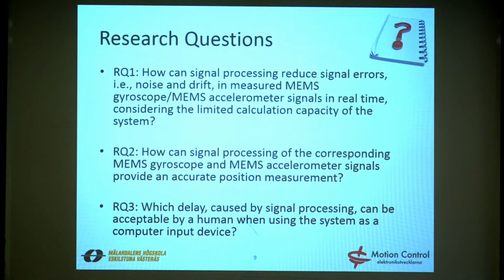And the third question is focused on the user's perception of delay. We want to investigate which delay caused by signal processing can be acceptable by a human when they use the system as a computer input device.